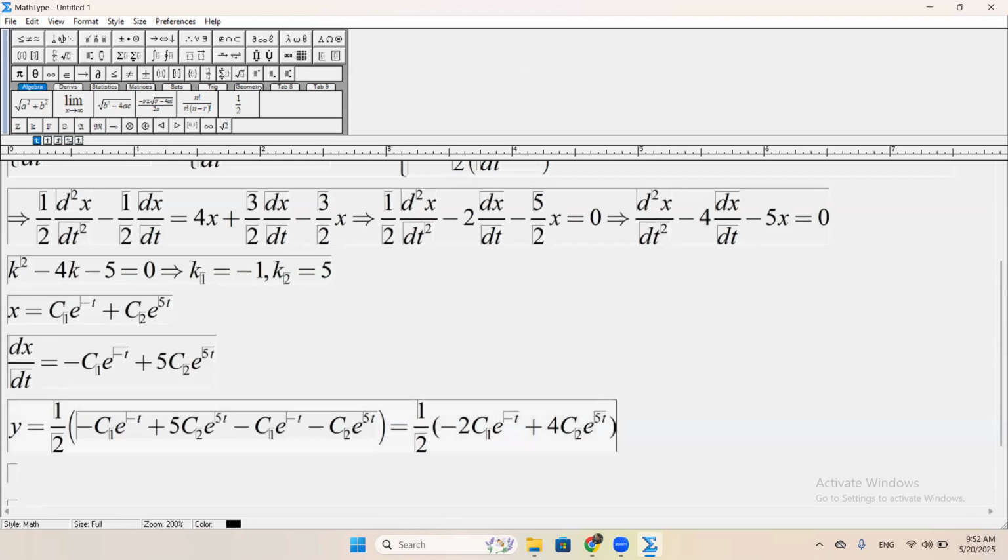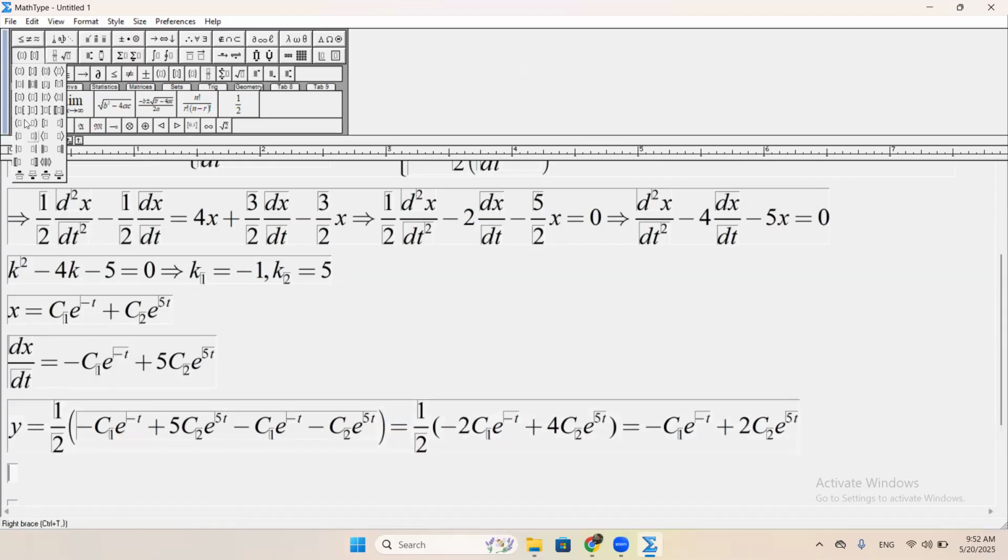And if I divide by 2, I will receive minus c1 e in power of minus t plus 2c2 e in power of 5t.